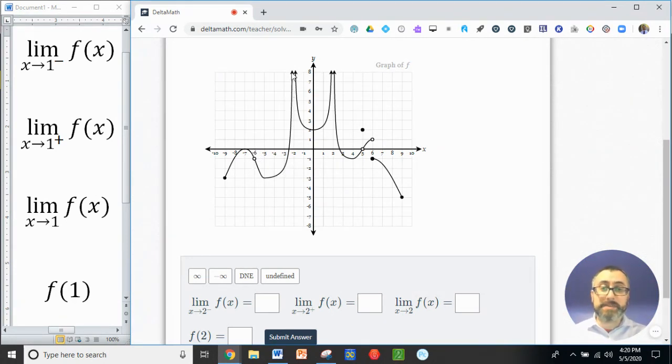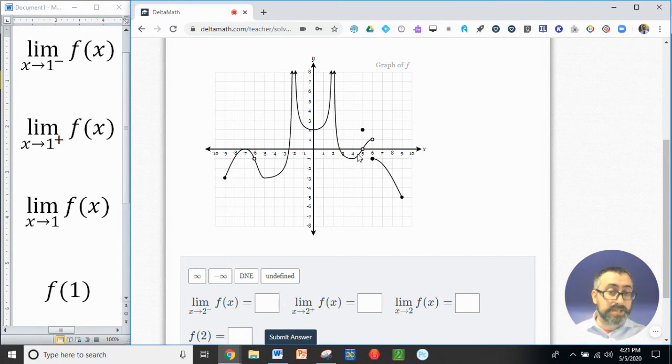Another special case that you might see are these arrows pointing up or down to infinity or negative infinity. So those limits could be infinite or negative infinity, and the actual value at -2, for example, is again undefined. Over here at the x value of 5, we've got something similar to what we saw at -6.